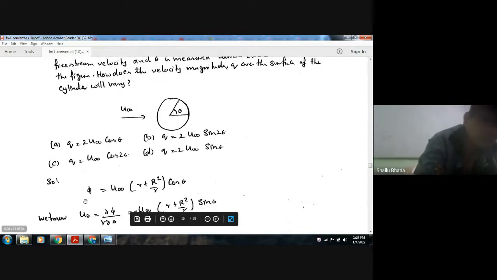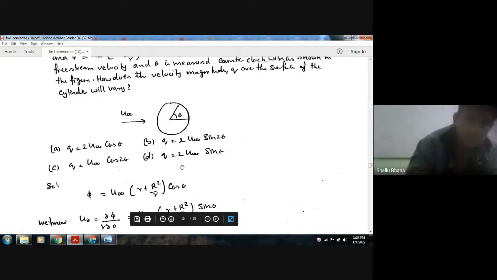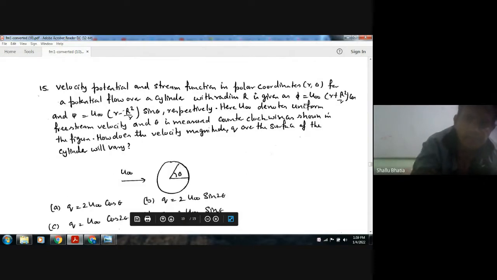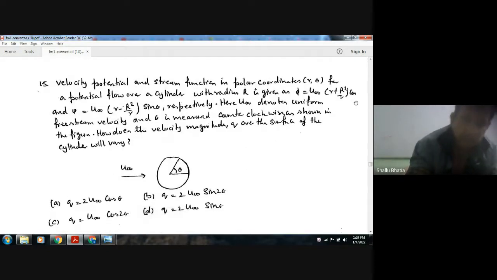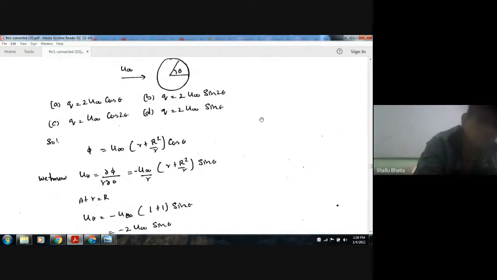The velocity potential is given as U∞(r + R²/r) cos θ. So u_θ is (1/r) ∂φ/∂θ. By differentiating it with respect to θ, we get u_θ, and this quantity is fixed and we have to differentiate the θ.